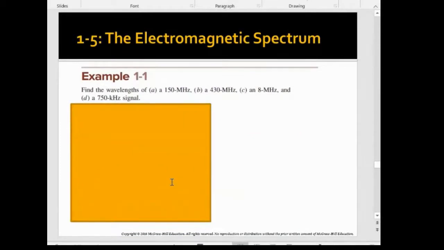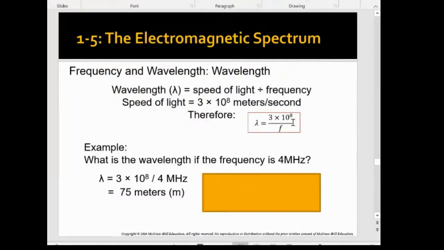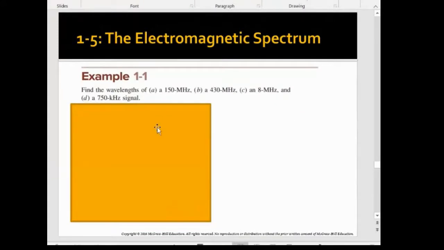We have another example. You already know the equation, and we've given you one example, so this is your turn. There are A, B, C, and D. I need 4 volunteers to calculate this.